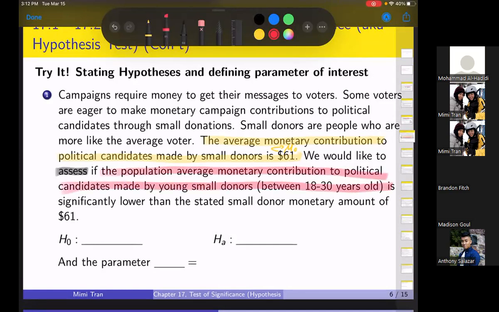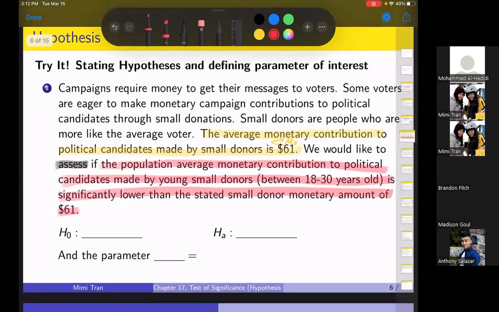And the one I highlight in red, that's your alternative hypothesis. So H naught is easy. H naught just says mu is equal to $61, mu equals mu naught. By the way, the one I write in black is just one formula. You don't have to show me that, I just want to remind you.